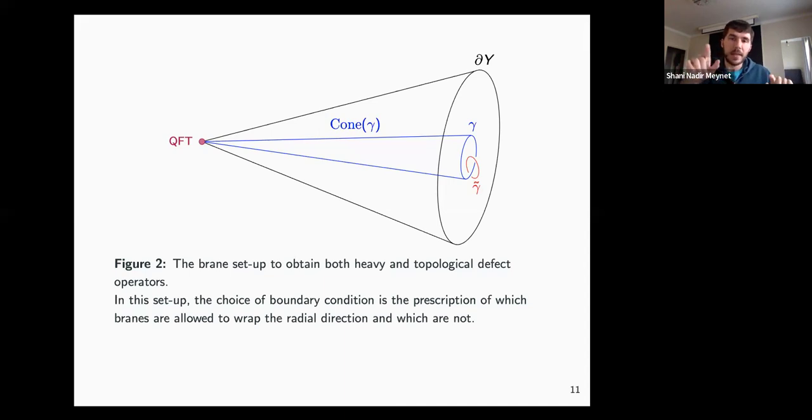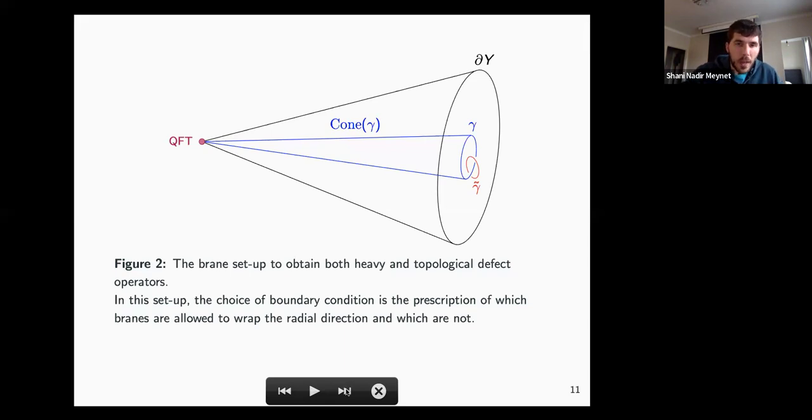I'm requiring that the linking appearing in the boundary between the blue and the red cycle is mimicked as a linking also in the spacetime, and this is how the action of the branes, the topological operator, is described on the Wilson line. Here the topological operator would be the M5 wrapped on the torsional cycle.